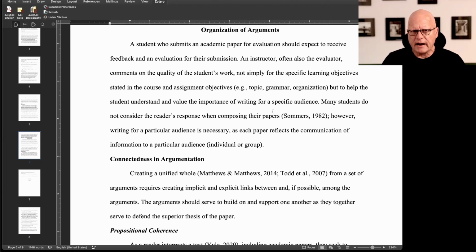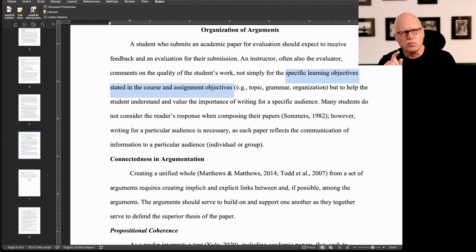As part of the feedback, either the instructor or the evaluator, often it's the same person, offers comments about the quality of the student work, possibly about the specific learning objectives stated in the course or the assignment objectives, such as there'll be a focus on topic and appropriate use of standard grammar, organization of arguments.